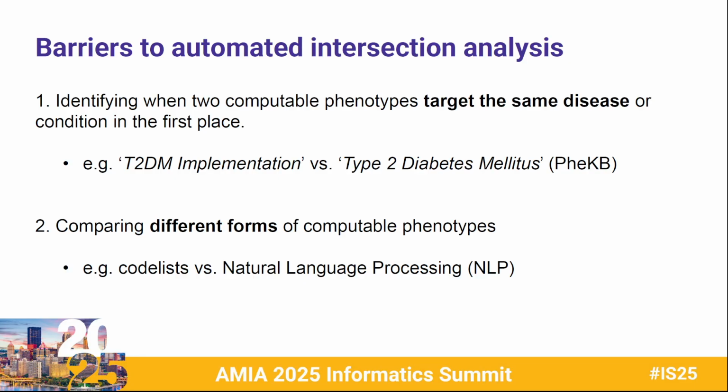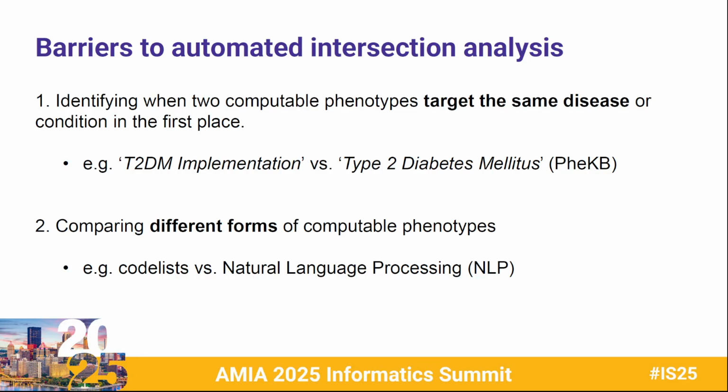This is because the naming conventions used for these phenotypes within these phenotype libraries often differ. So for example, in the phenotype knowledge base, we might find one type 2 diabetes phenotype referred to as T2DM implementation, and another referred to as just type 2 diabetes mellitus. And it's not straightforward to know, are we targeting the same disease or condition?